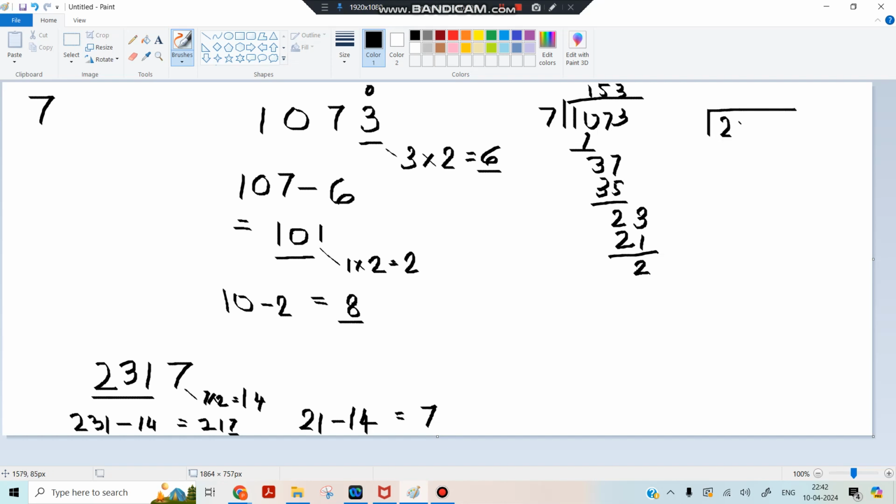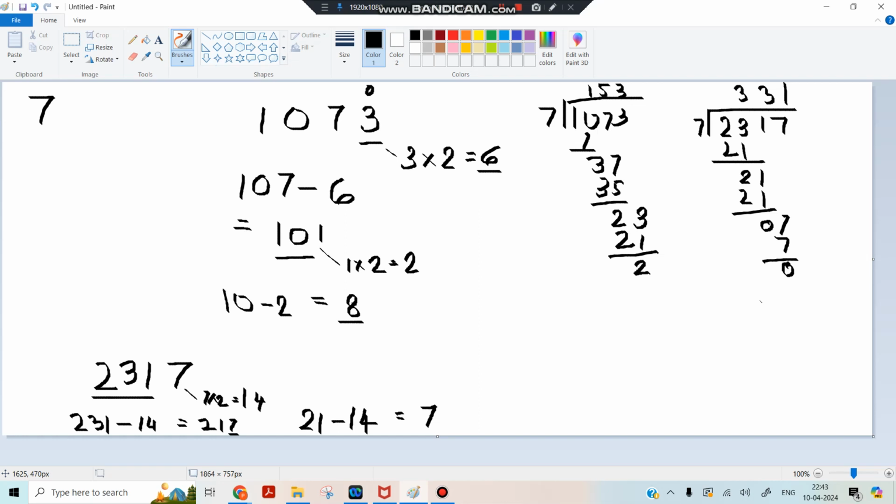Let's check it out. 7 3s are 21, remainder 2, 21. 7 3s are 21, remainder 0, 7 comes down, 7 1s are 7, and thus 2317 is divisible by 7.